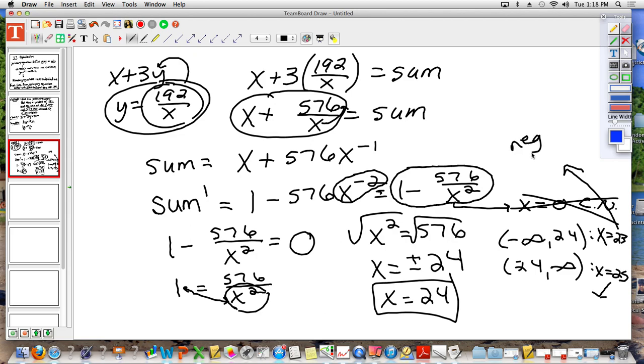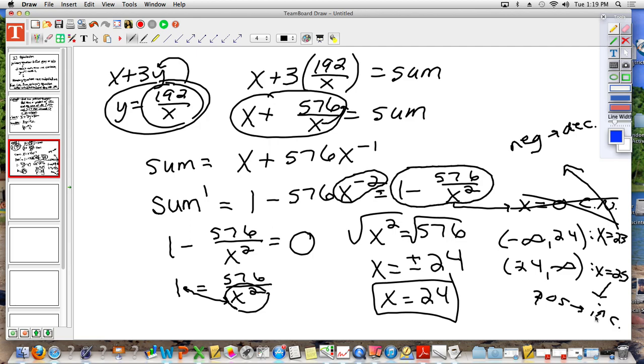It's a first derivative. So that just meant that we had a decreasing slope, not that it was going to be concave up or concave down. We just have a decreasing region. What happens at 25, you guys? Okay, we have a positive, which meant that it was an increasing region.